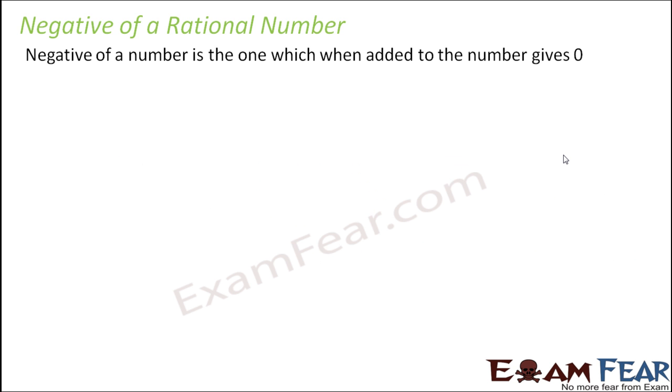So on similar lines, now we will learn about negative of a number. That is, how do we find negative of a number, or what is negative of a number? It is basically that number which when added to the number gives a 0. So let us say we have a rational number in the form p by q. What is that number which when added to p by q will give you 0?